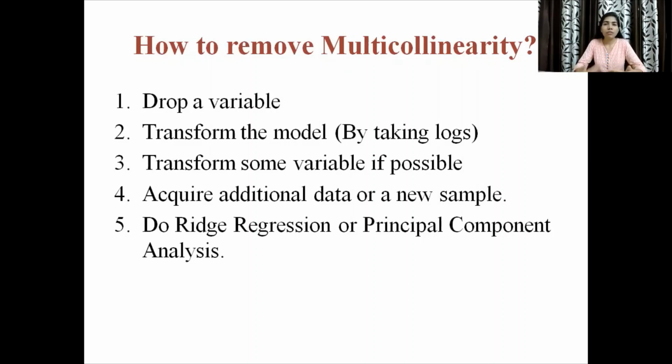Okay, so you can convert your multiple regression model in a logarithmic format, or you can transform some of the variables if possible. Okay, or you can acquire additional data or a new sample so as to remove the problem of multicollinearity. So either you can increase the time period or acquire some additional information on your dataset.